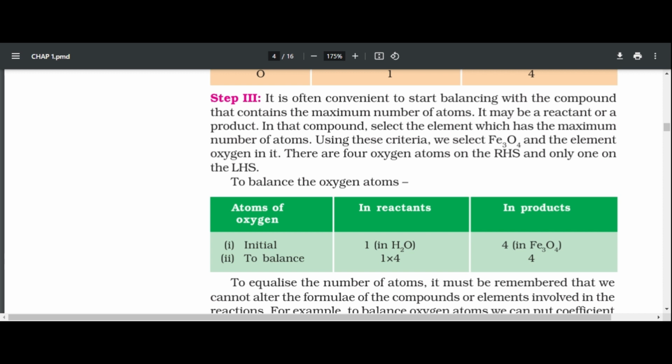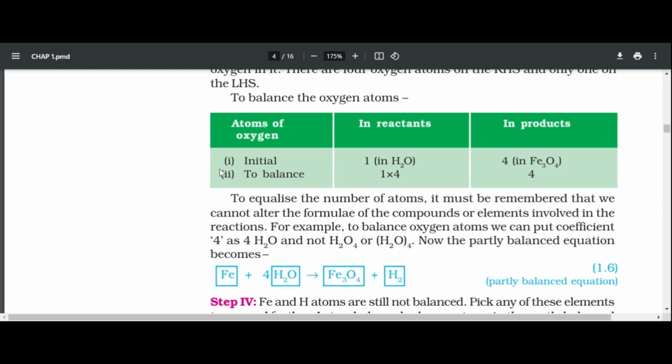There are 4 oxygen atoms on the RHS and only 1 on the LHS. To balance the oxygen atoms: initially 1 in H2O in the reactants, 4 in Fe3O4 in the product. To balance, multiply the reactants by 4, and in the product it will remain 4.